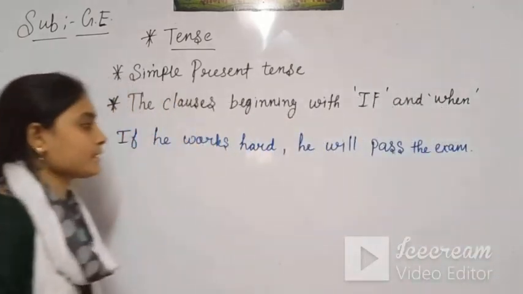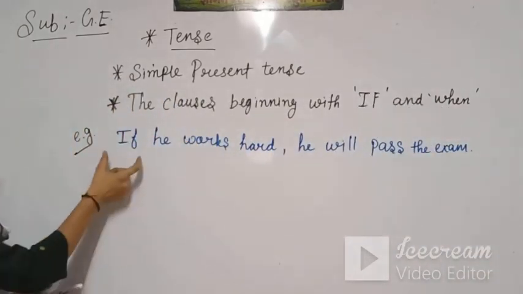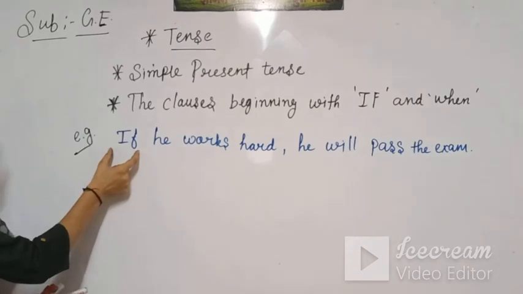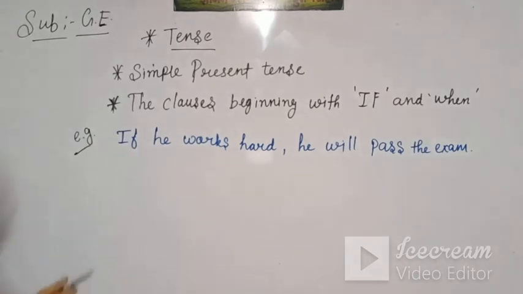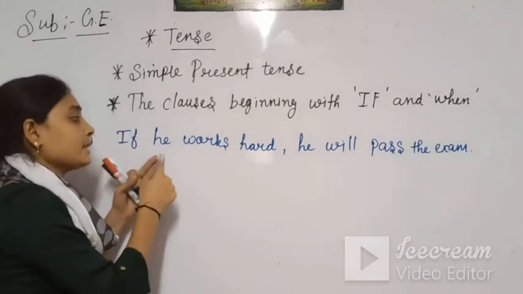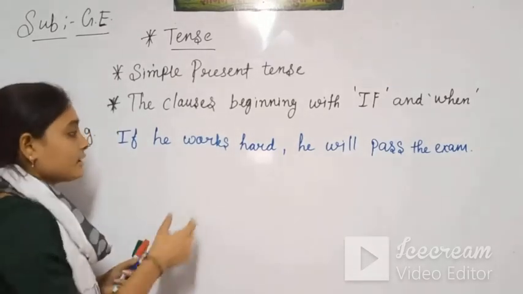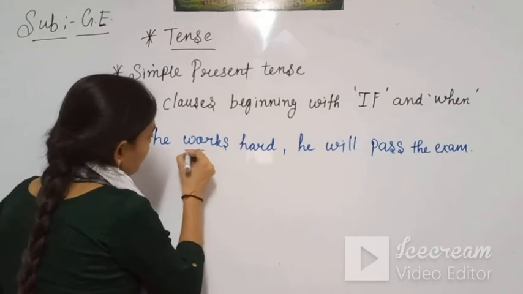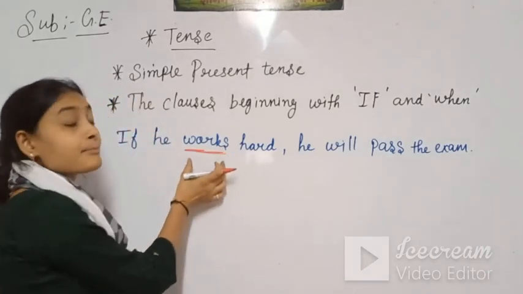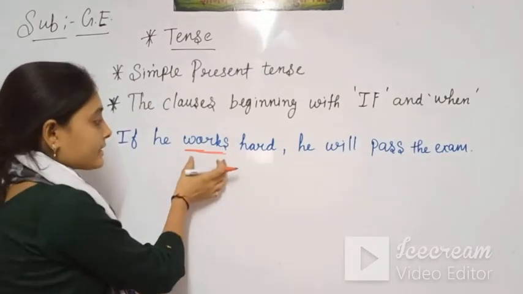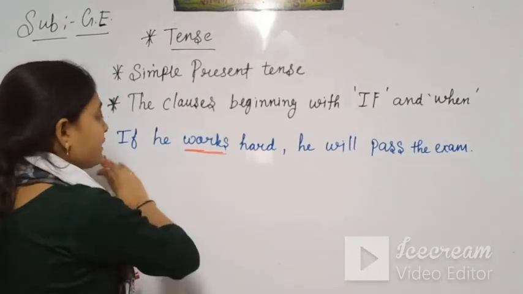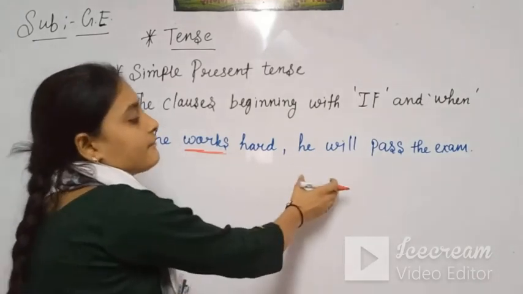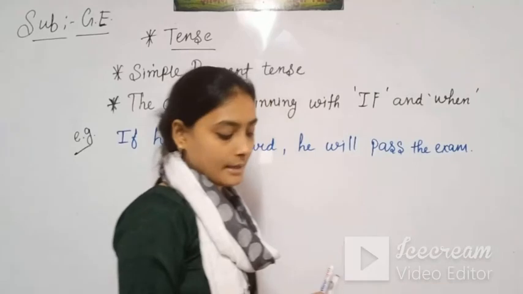Right? This is the sentence beginning with the clause if. Here what is given? If he works hard. Here which word is coming? Works. So this is in the present tense. If he works hard, he will pass the exam.